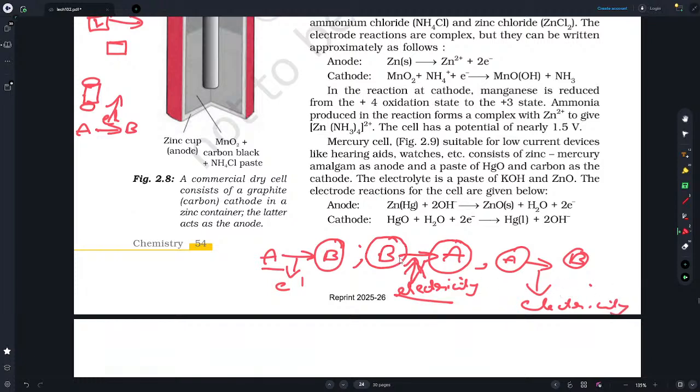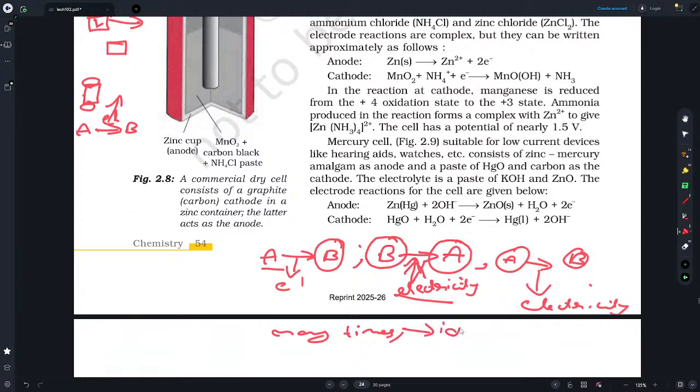For an ideal rechargeable cell, this cycle of giving electricity and getting recharged should work many times. Even if you use it many times, it should be usable again and again.